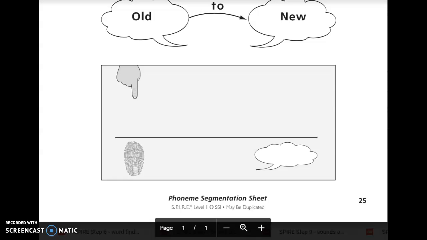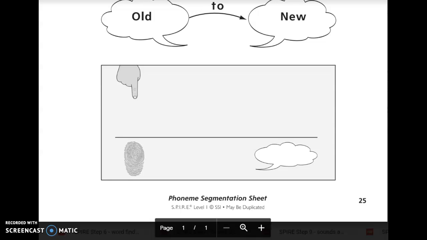So we would say best, and then we would tap out b, e, s, t. So we would not combine S and T together, even though they kind of flow into the other sound. So it's b, e, s, t. So that word would have 4 sounds.